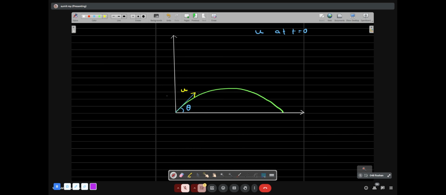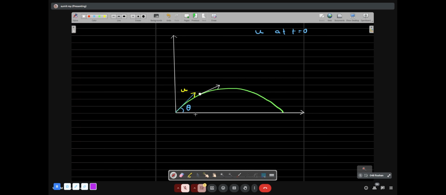Yes, sir. Okay. Is it that after some time the particle will reach here? Yes, sir. In which direction will be the velocity? Tangential along to the tangent.